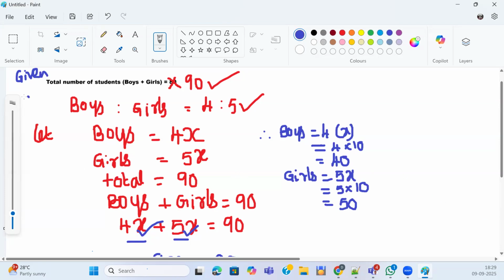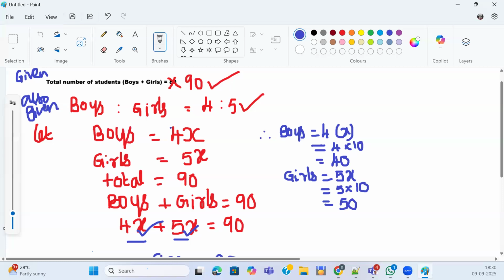Also given, boys is to girls equal to 4:5.